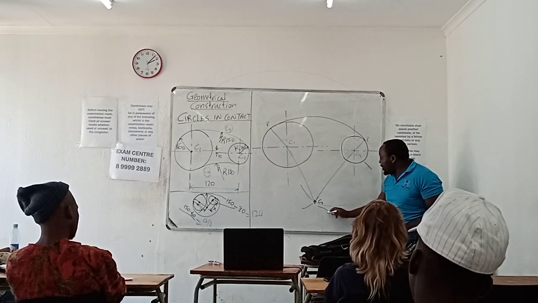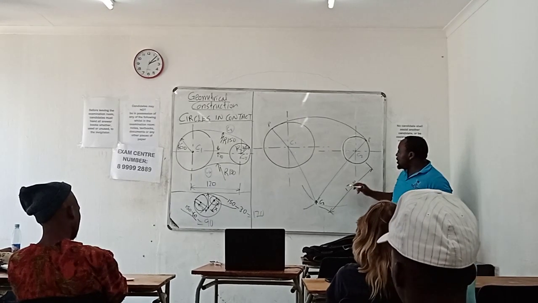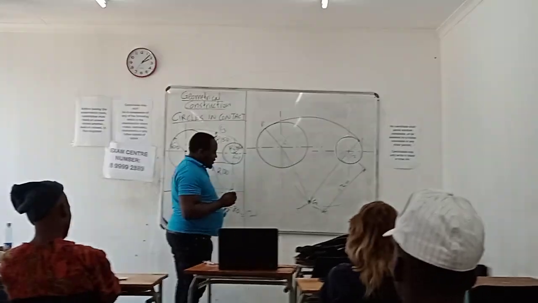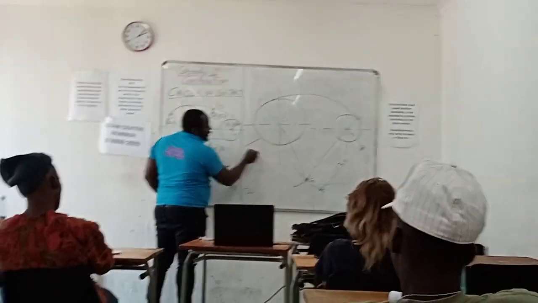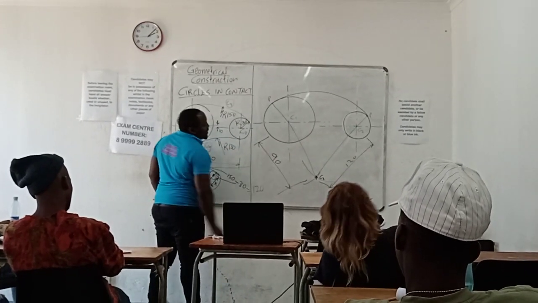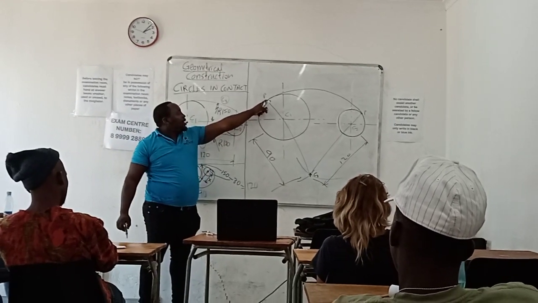The distance from there to there, we say this what? 120. So it's 120. 90 is this side. Then from there to there is 150.